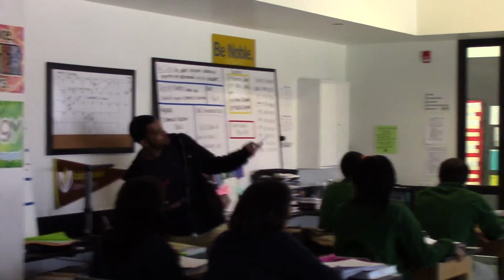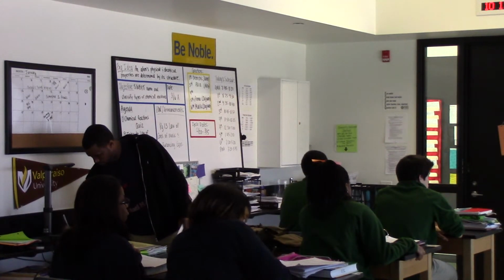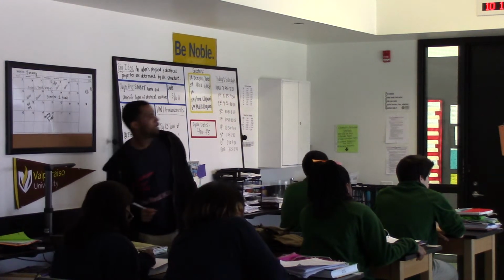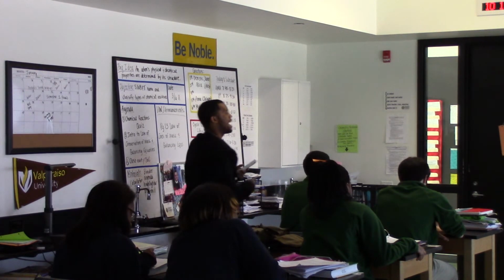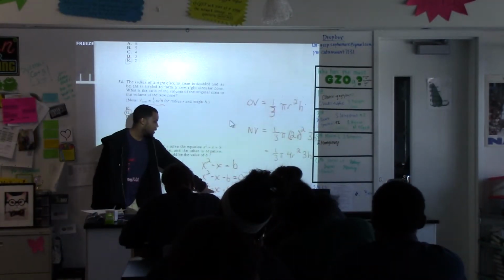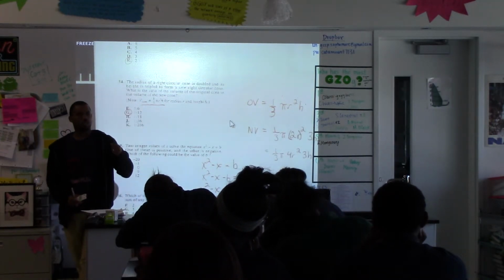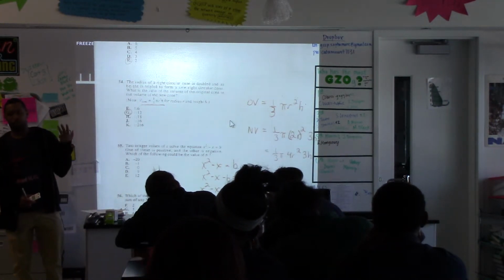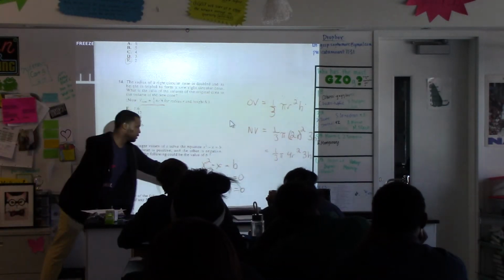So there's no way for us to get a positive and a negative number that, when we add them, give us negative x, because the only factors for 9 are 1 and 9, and 3 and 3.